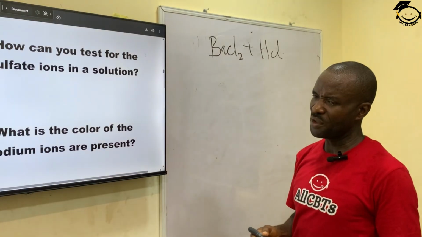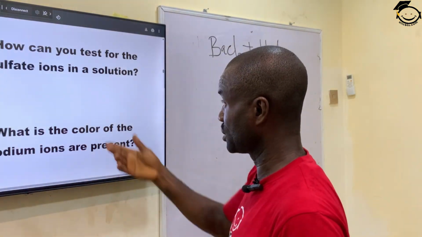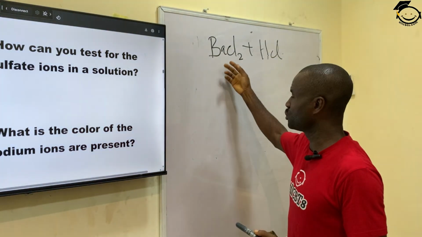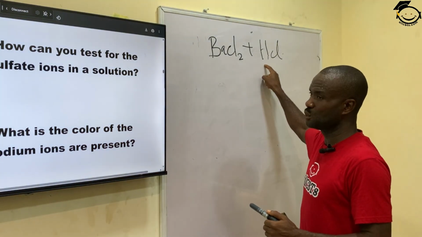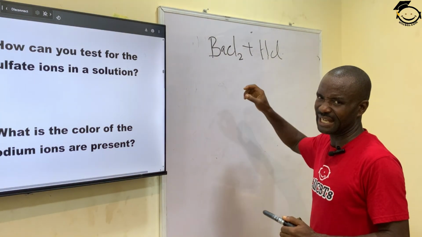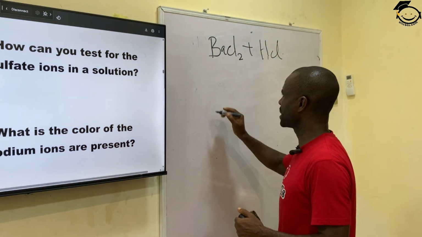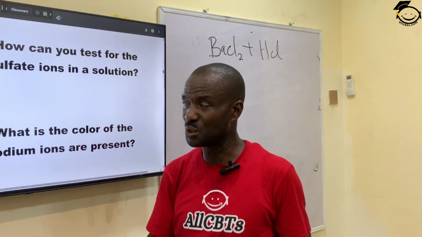If you have an unknown salt that is suspected to contain sulfate ion, you add a few drops of barium chloride into that solution, followed by dilute HCl in drops and in excess. You get a white precipitate, which is insoluble in dilute HCl.